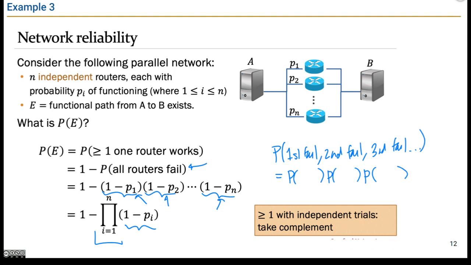It's like sigma notation with sums, but it's just saying take the product of this 1 minus P1 times 1 minus P2 all the way up to n. So independent trials, in this case, independent routers, is going to simplify a lot of our calculations when we're able to assume we have independence.